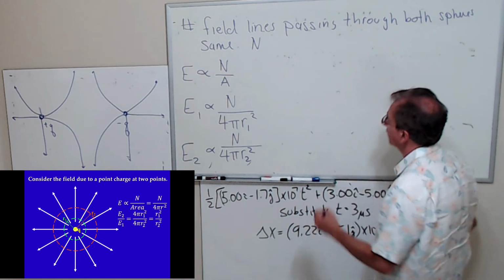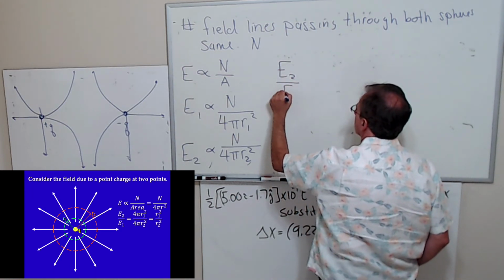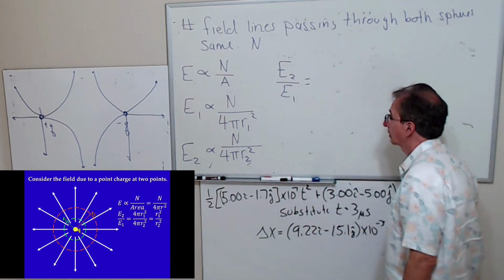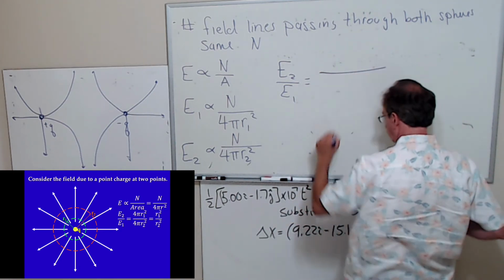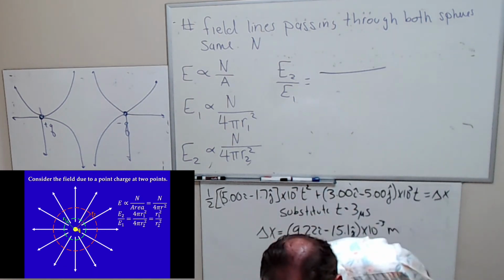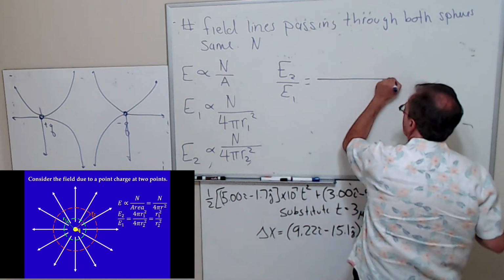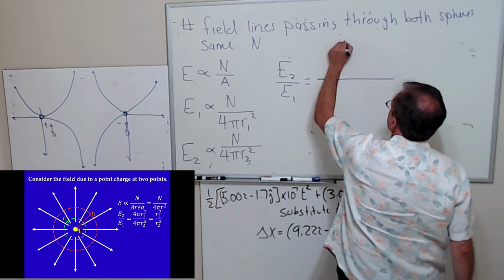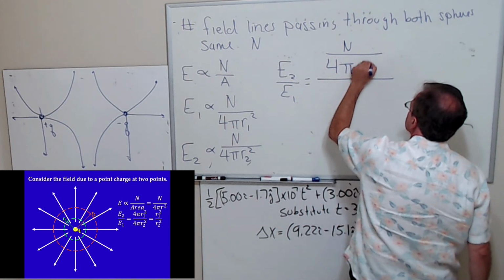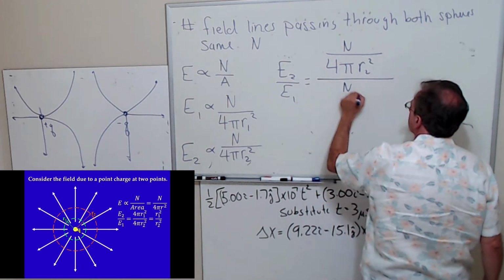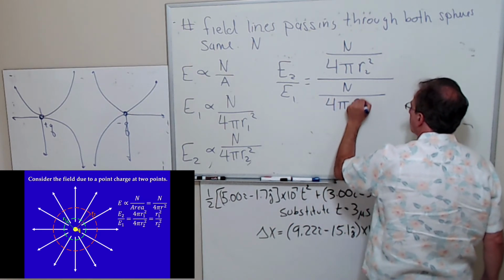Let's calculate E2 over E1: n over 4 pi R2 squared, over n over 4 pi R1 squared.